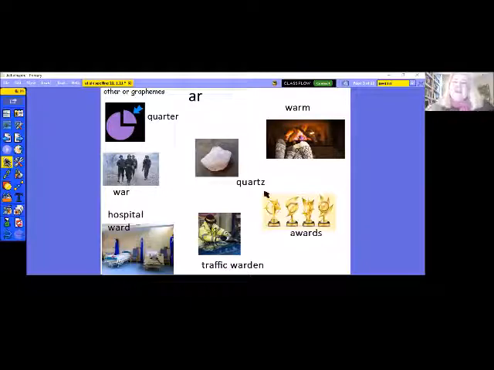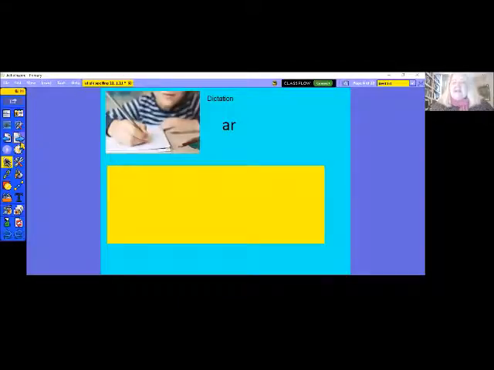So now we've got clarity about how we spell these words, we're going to have a go at something called dictation. I'm going to give you some sentences and I am going to read the sentences out, and I want you to try and write them down. What I want you to remember is the punctuation and thinking about the sentence construction.